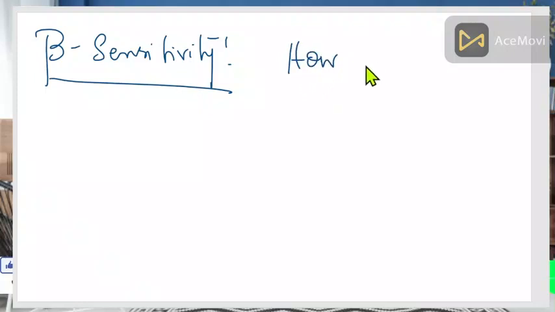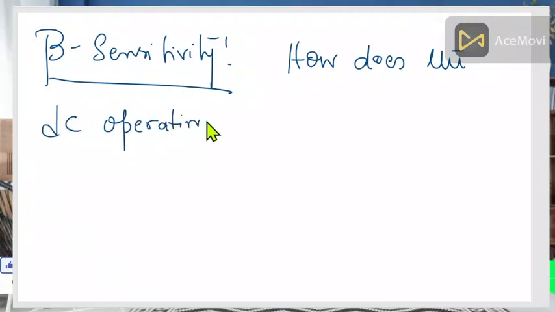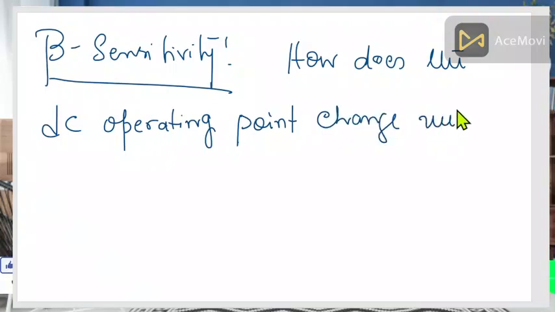So this parameter explains how the DC operating point, that is the quiescent point, which is the most important factor, changes with beta. This is the information that is provided by the beta sensitivity.